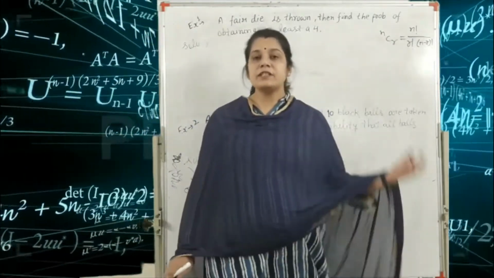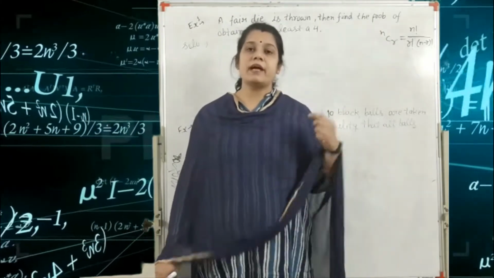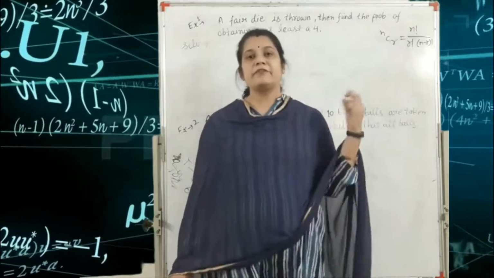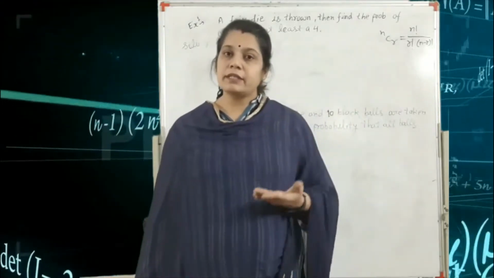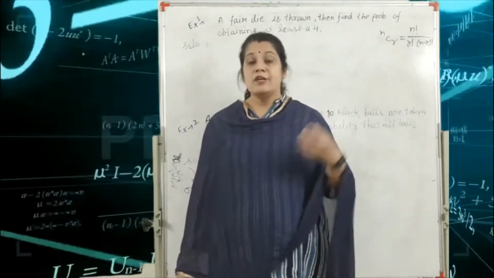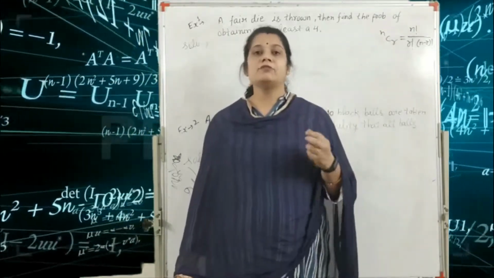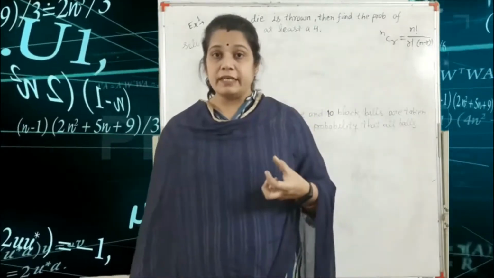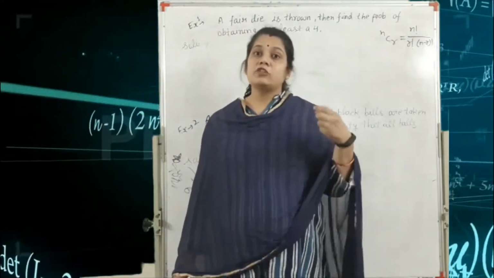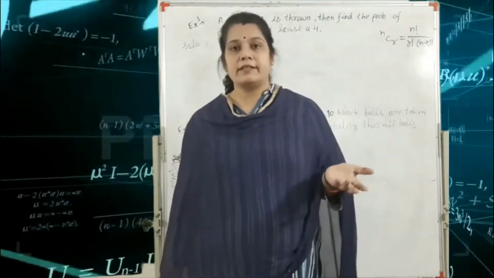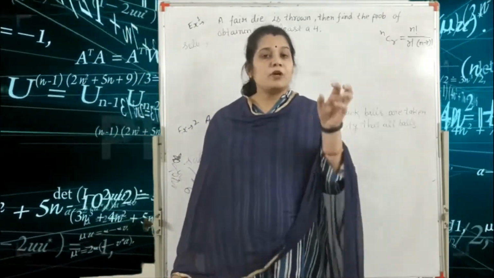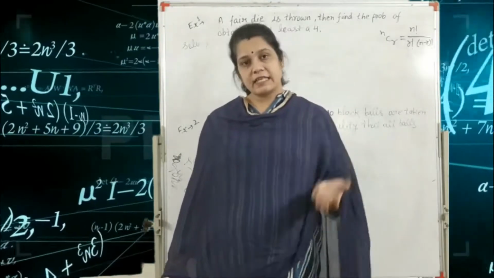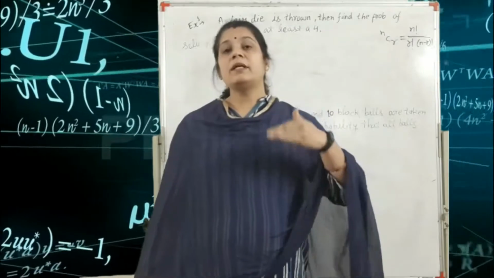Next, the main formula: if we are finding the probability of any event A, the formula is the total favorable events divided by the total exhaustive events, that means the total possible outcomes.